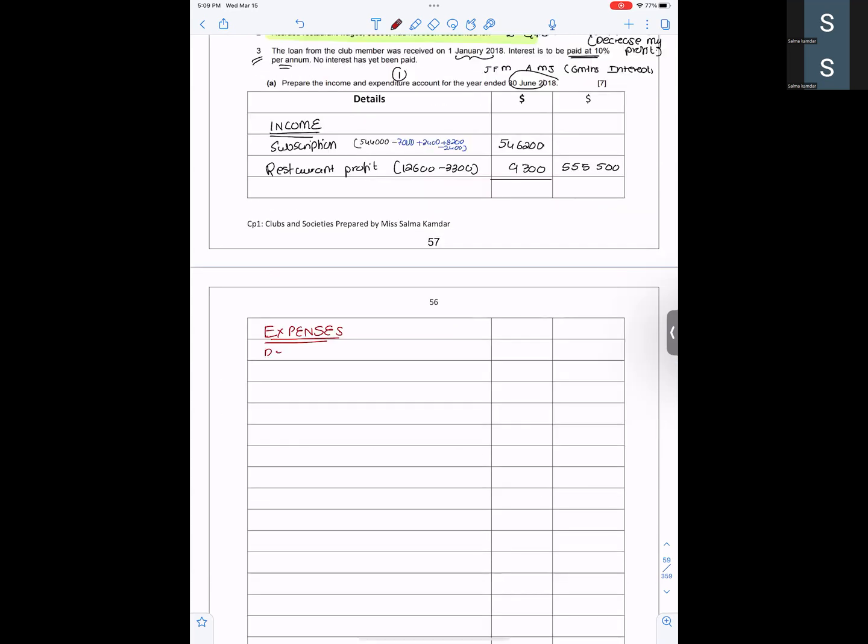First is depreciation on clubhouse. Second is depreciation on equipment. Third is club operating expenses. Club staff salaries. And last is loan interest.